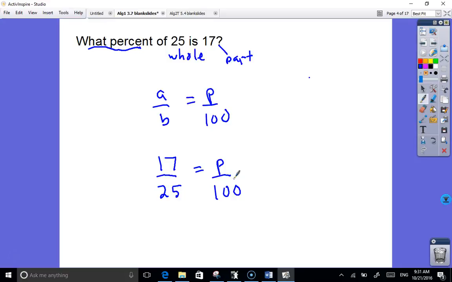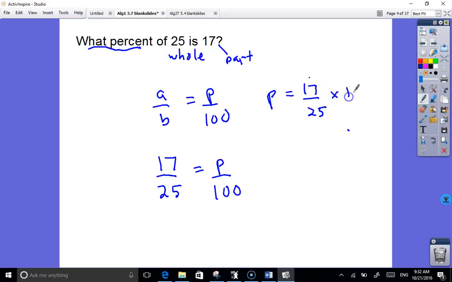Couldn't you just do 25 divided by 17? Well, that wouldn't be right. How would I solve this one without cross multiplying? Just do 17 times 100 divided by 25. Okay, so you would multiply both sides by 100, and you would get P equals 17 divided by 25 times 100.